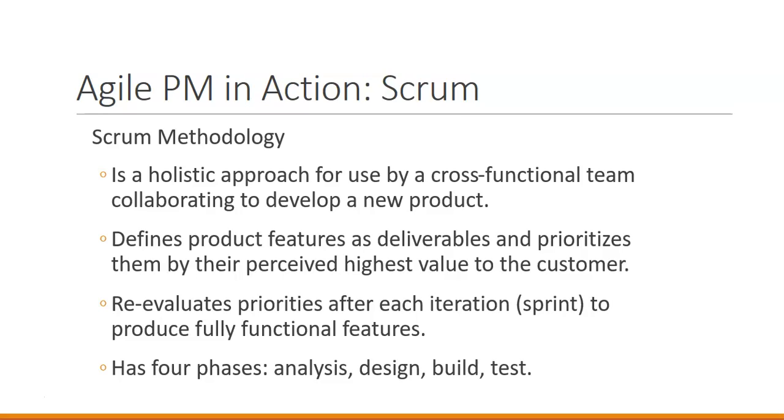So in Scrum methodology, we have a cross-functional team that has 4 phases: an analysis, design, build, and test. Each iteration is called a sprint, and product features are prioritized by the perceived highest value to the customer. So it's still this flowing approach.